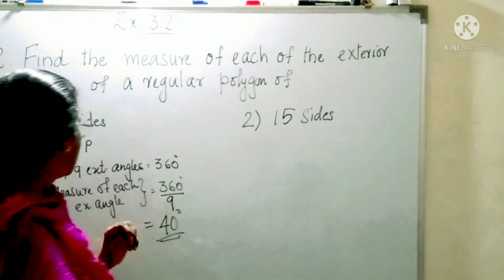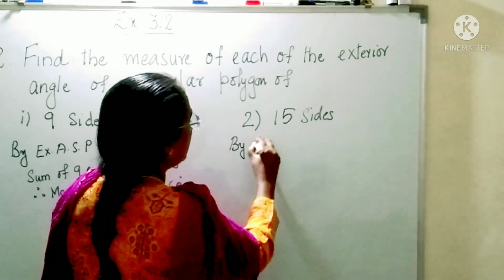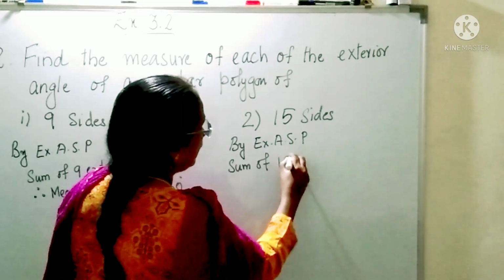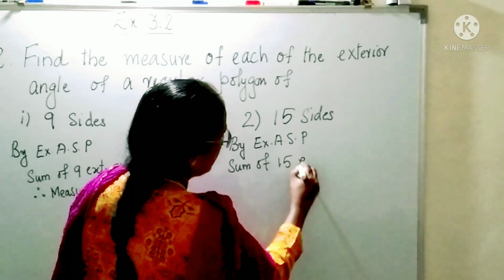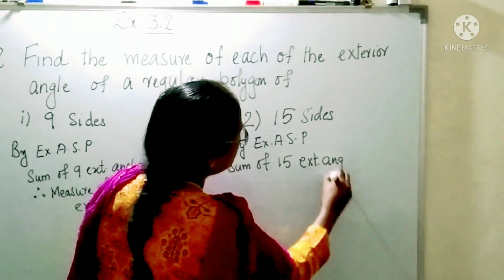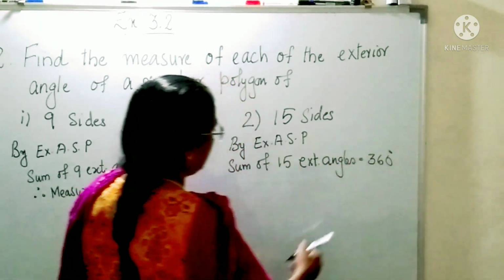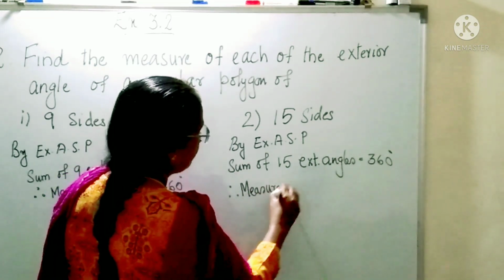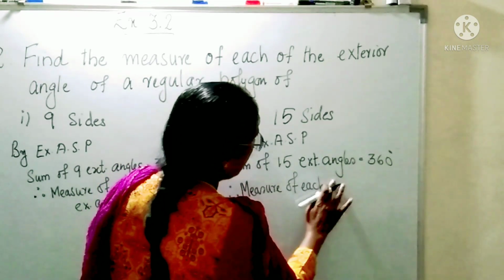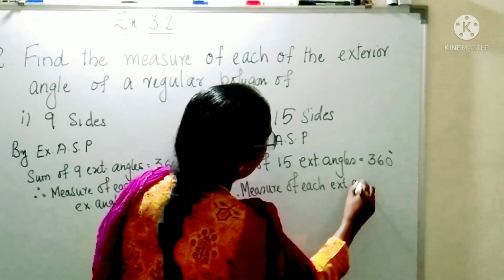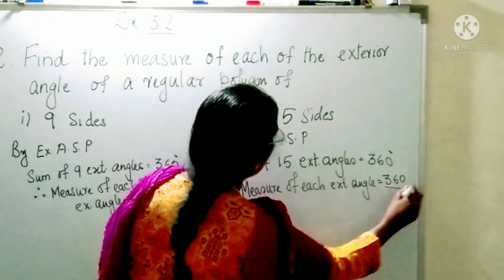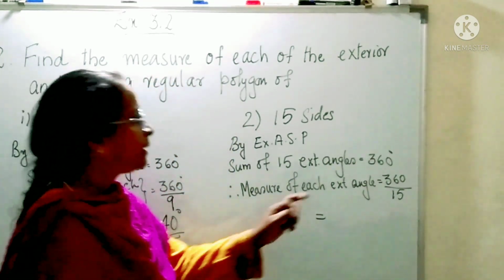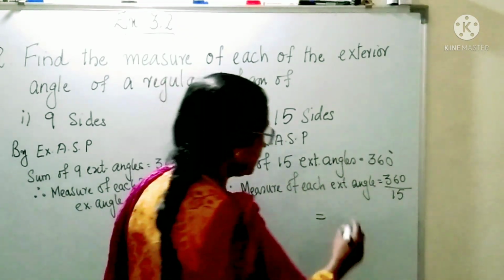Similarly, here we have 15 sides. So by exterior angle sum property, the sum of 15 exterior angles will be equal to 360 degrees. Therefore, the measure of each exterior angle will be equal to 360 divided by 15, the number of sides. 15 twos are 30.